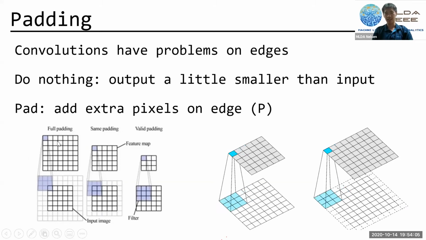What we usually do is same padding or valid padding. Every time you do padding, you add a certain number of pixels on the top, left, right, and bottom by the padding amount. What we add in those pixels depends, but usually it's called zero padding. So we add a column and a row, and everything inside is zero.